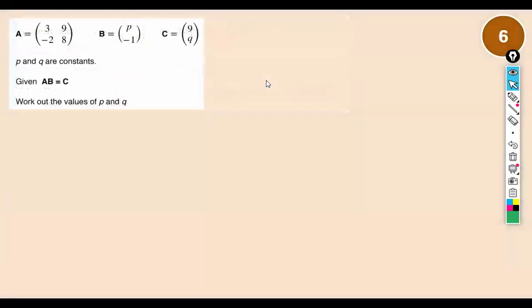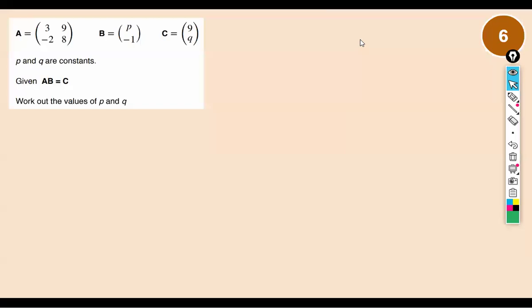Give this question a read. I've given you a 2 minute head start on it. Just try something. Work out the values of P and Q. So the aim of the question is to solve for P and Q. And they told you that AB is equal to C. What they really mean is there's a secret multiply in between there.